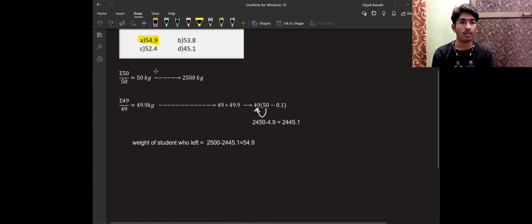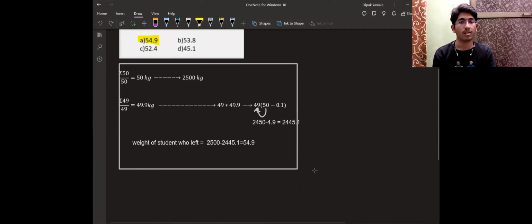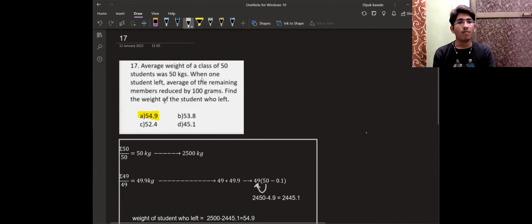Okay, so let's assume that the student who left, his weight is 50 kg. When that student left, average reduced by 100 grams. Correct? On how many students? Average reduced by 100 grams on how many people? 49.